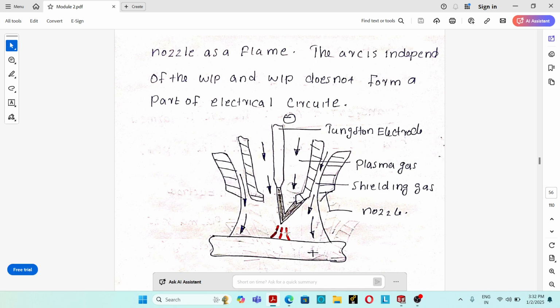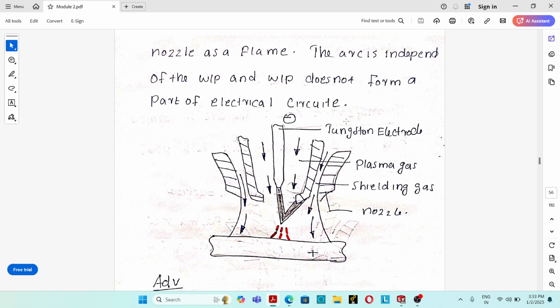The arc is independent of the workpiece, and the workpiece does not form a part of the electrical circuit. Here the tungsten electrode is negative and the water-cooled nozzle is positive.